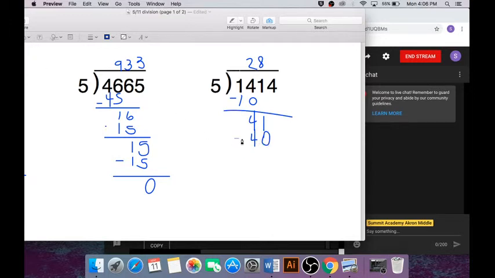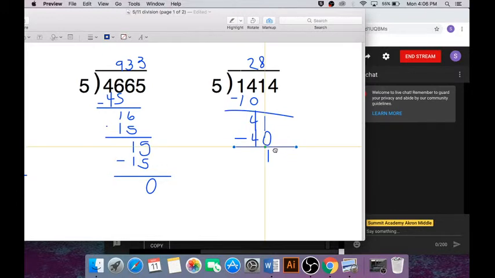And we're going to subtract again. 41 minus 40 is 1. And then we're going to bring down the 4. Now we're going to see how many times 5 goes into 14 without going over. Again, that's 2. 2 times 5 is 10.